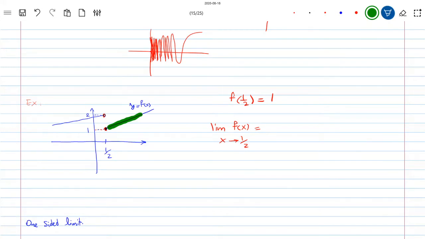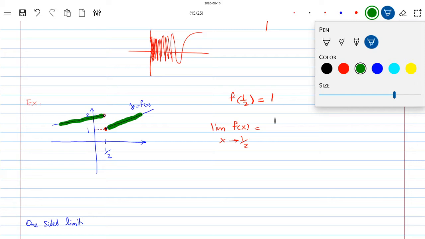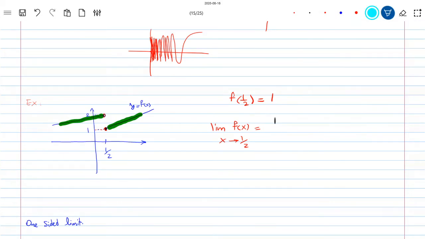The y value turns out to be 1. If I follow the curve from the other side, before I reach an x value of 1/2, if I'm following this pattern, what do I expect the y value to be? I expect the y value to be 2.